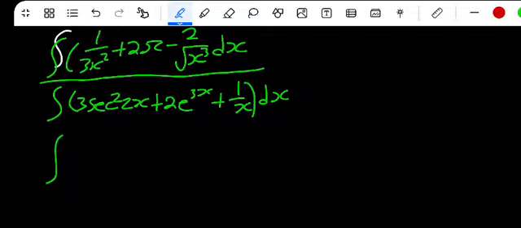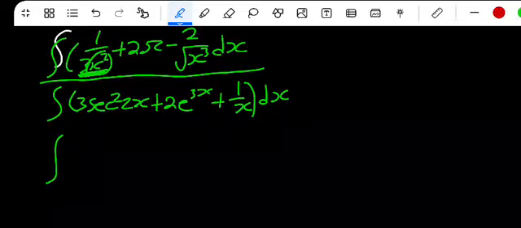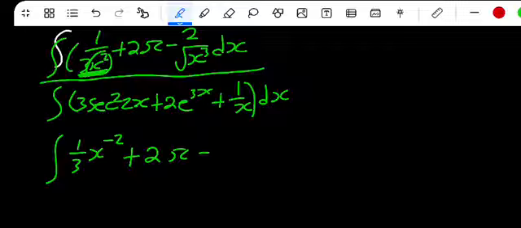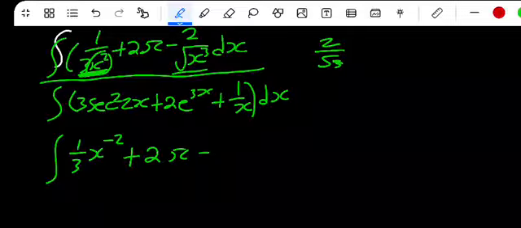Let us rewrite this. We can take x squared on the top. This is the same as 1 over 3, you take x to the minus 2 on the top, which is suitable for us to integrate. We have plus 2 pi, that is the same. We have minus 2 over the cube root of x.